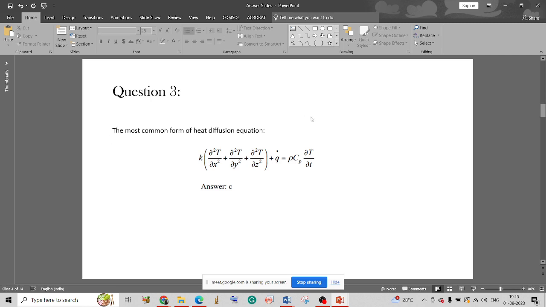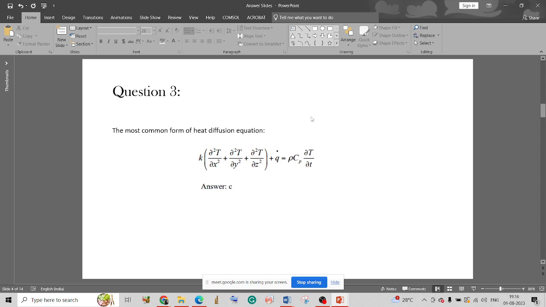See, the most common form of heat diffusion equation, sir has already taught in class, with one derivation where heat inflow and outflow was calculated, and how much heat generation took place and how much heat stored. So by that, and heat transient was there. From that we came to this final equation where K is the thermal conductivity, del square T del x square, temperature was distributed in three spatial directions, that is x, y and z.